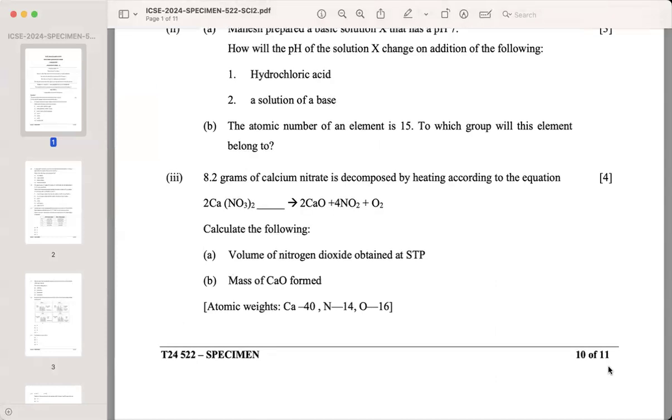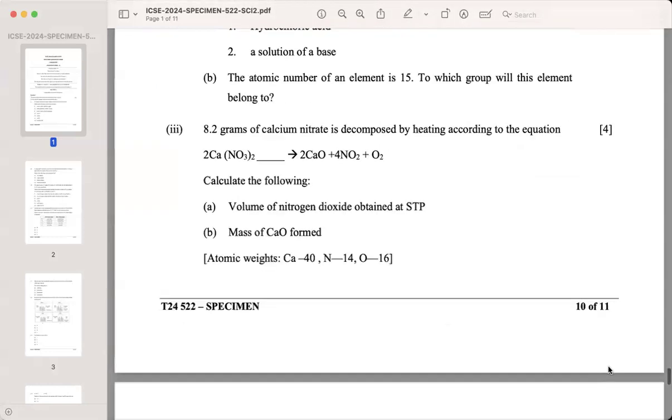Part 3, 8.2 grams of calcium nitrate is decomposed by heating according to the equation. Calculate the following. The first part says volume. So in this case, it will be 2 Ca(NO3)2. So it will be 2 into the molecular mass of Ca(NO3)2, which will give 328 grams. And similarly for calcium oxide, it will be 2 into the molecular mass of calcium oxide. The volume for NO2, 1 mole is 22.4 liters.